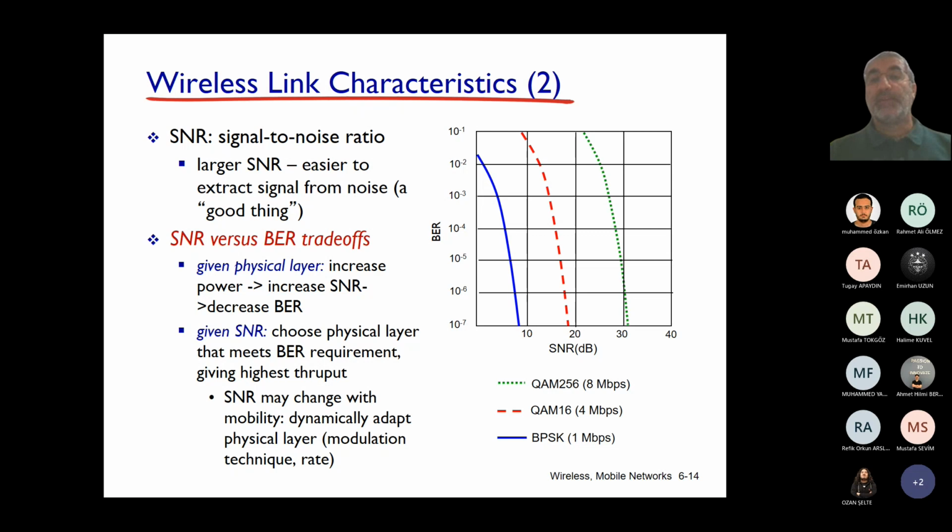Given a physical layer, you can increase the power, and this is going to lead to increasing the SNR. If you increase the SNR, as you see from the figure, you decrease the bit error rate. So we can use this later on. It's called adaptive rate adaptation.